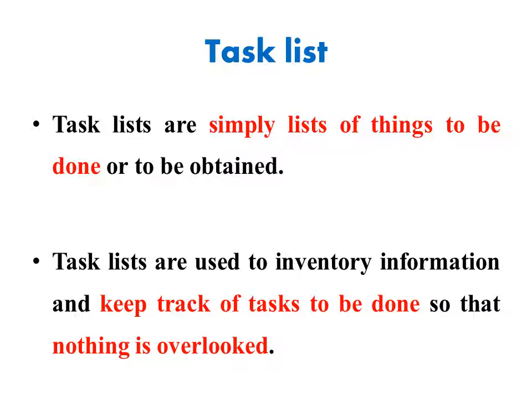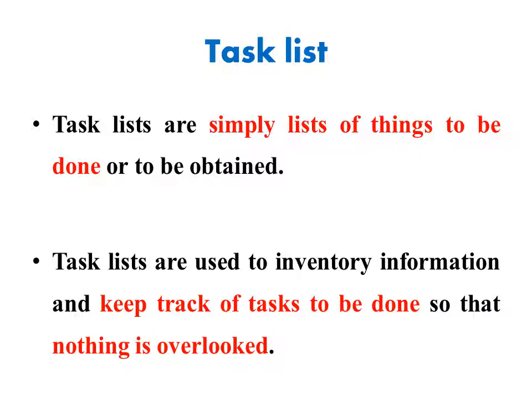This is the task list. This is the second tool we're gonna discuss today. Task lists are simply a list of things to be done or to be obtained. Also a task list is used to keep track of tasks to be done so that nothing overlaps.